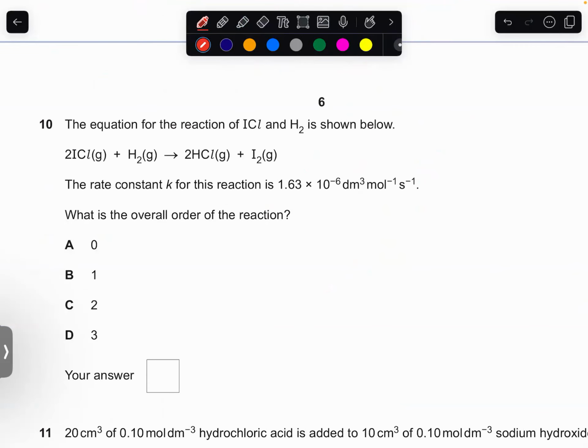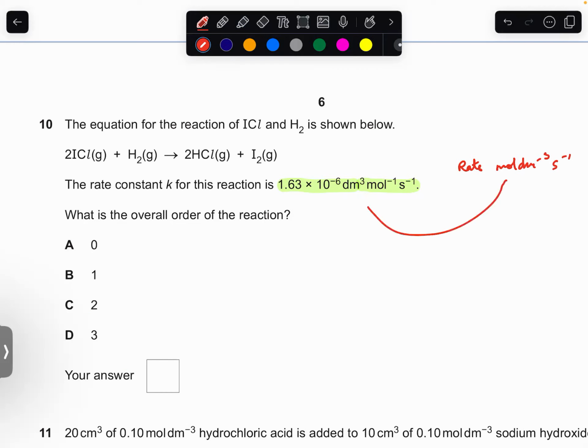The equation for the reaction of ICl and H2 is shown below. You've got the rate constant, which is this, and you've got the units. Now, the units: rate is mole per decimeter cubed per second.